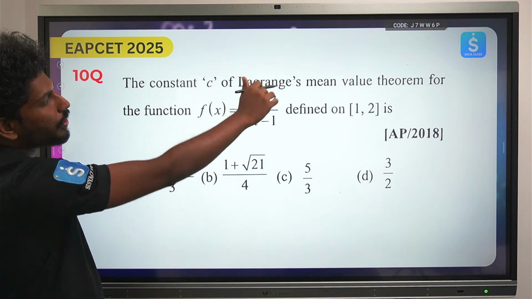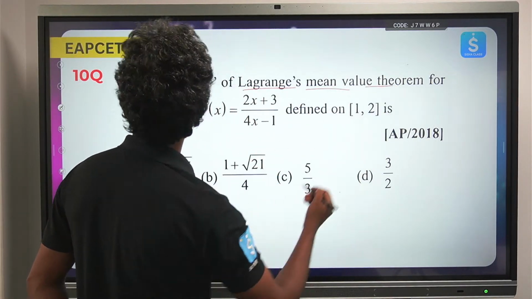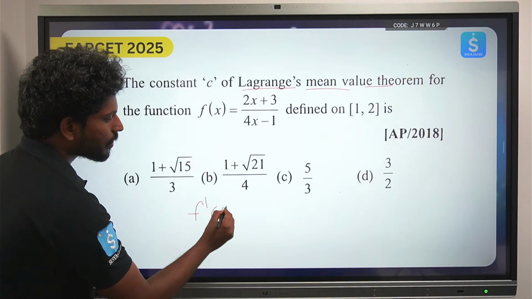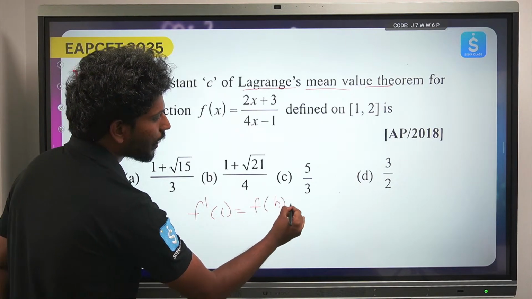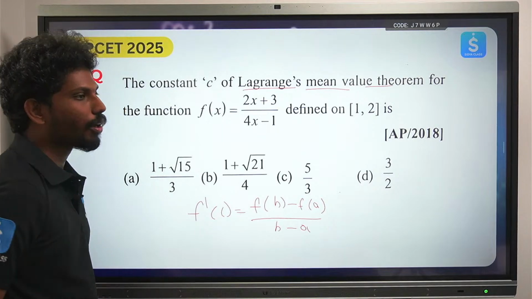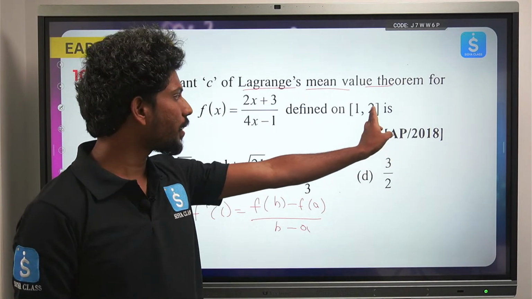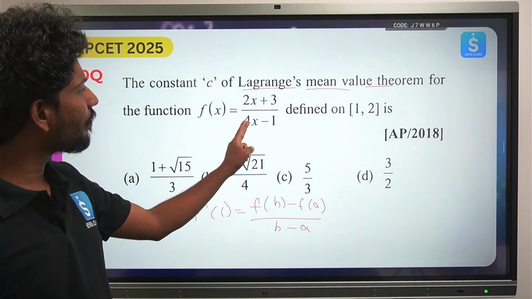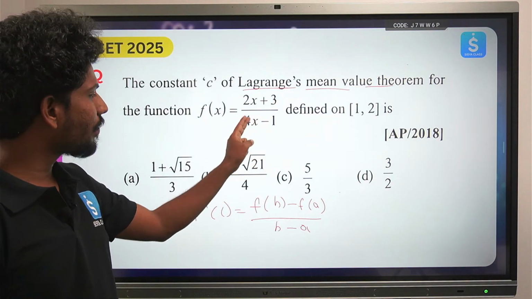Okay, next f of x equals to, we have this. So again we are using the Lagrange mean value theorem. Again it's the same thing, f dash of c is equal to f of b minus f of a by b minus a. So what is f of b over here? Just substitute 2: 2 into 2 is 4, 4 plus 3 is 7, 7 by 8 minus 1 is again 7, 7 by 7 is 1.